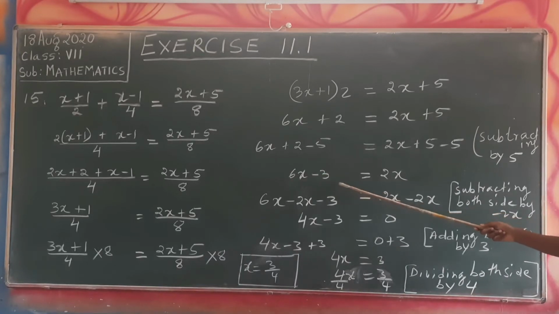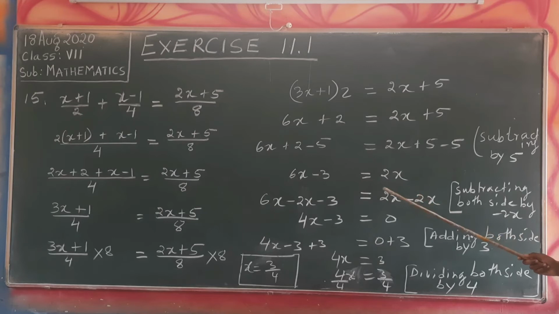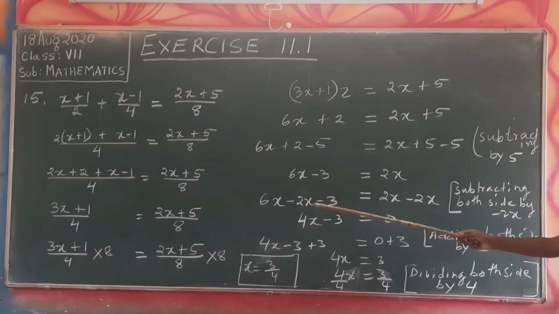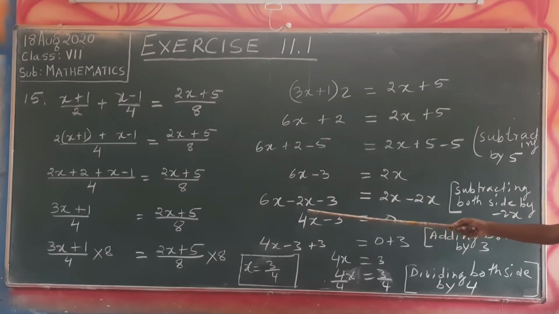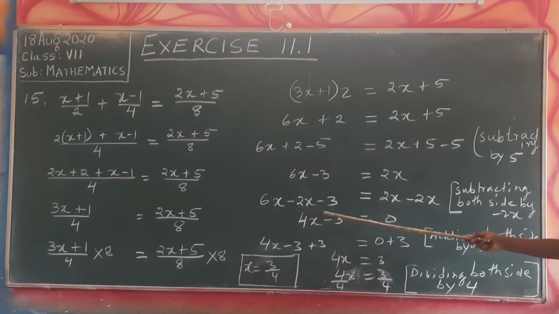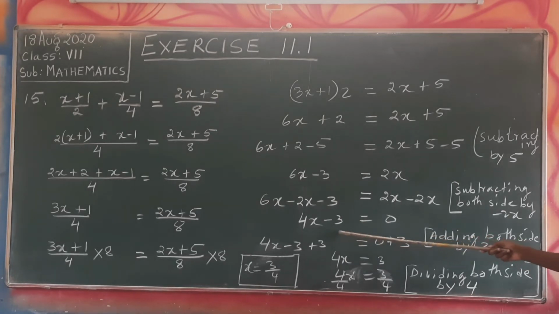In the next step, what we have to do is subtract 2x on both the sides. So 6x minus 2x minus 3 is equal to 2x minus 2x. So 2x minus 2x becomes 0 on the right hand side. So we are left with 4x minus 3 is equal to 0.